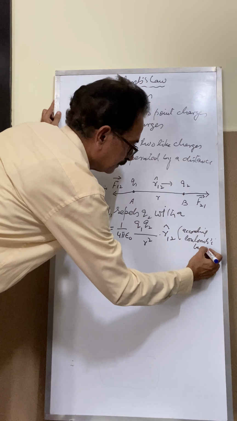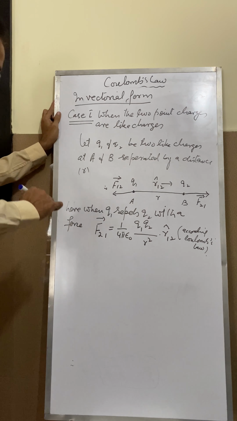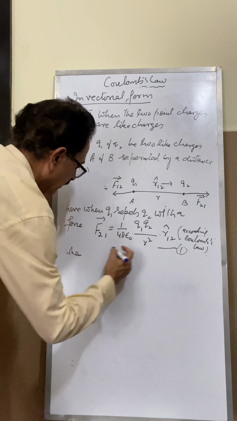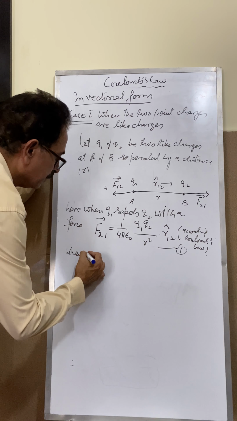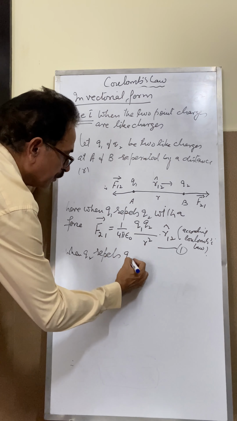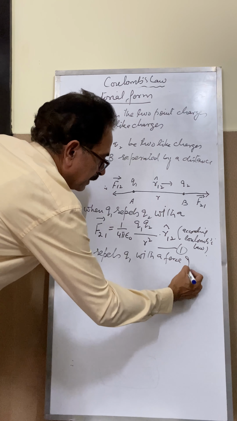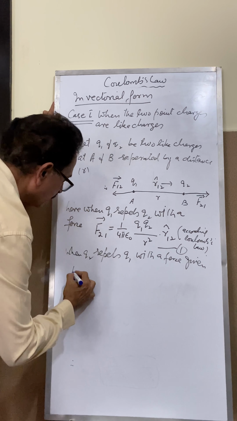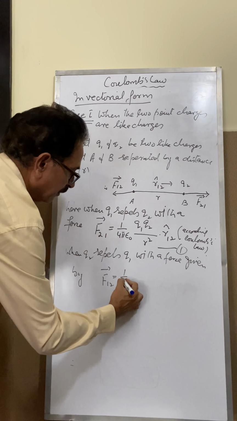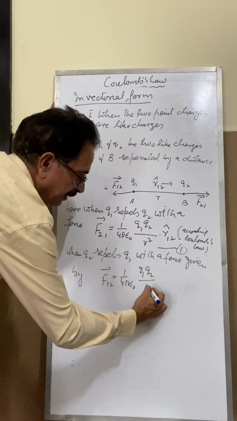Similarly, when Q2 repels Q1 with a force, F12 is equal to 1 by 4 pi epsilon naught Q1 Q2 upon R square.